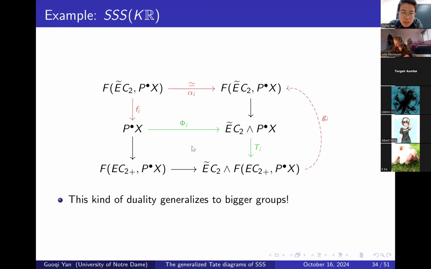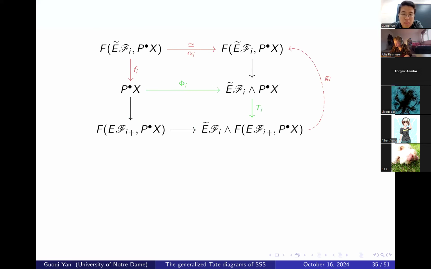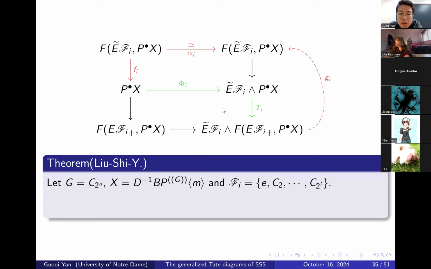And actually, this kind of duality generalizes to bigger groups, thus to bigger heights. So now we take a general cyclic 2-group.